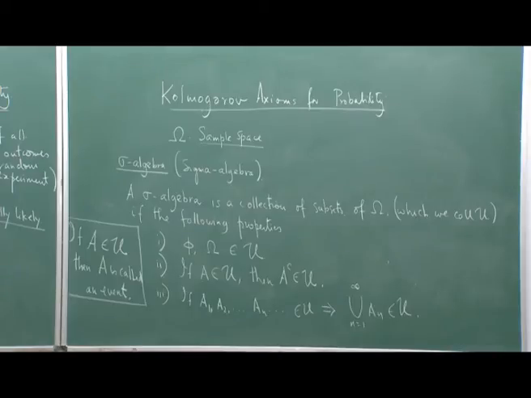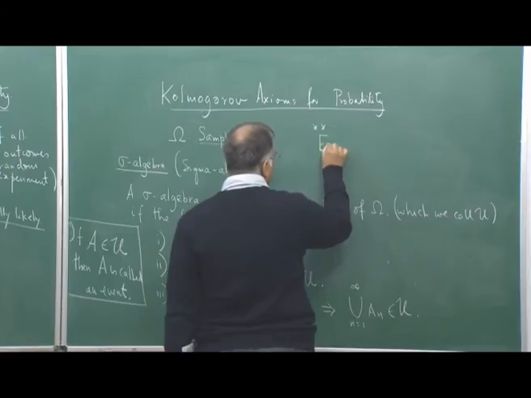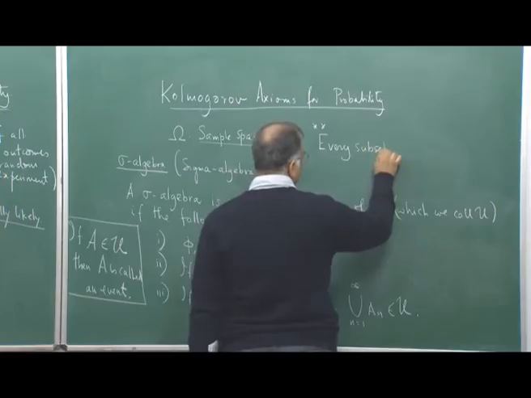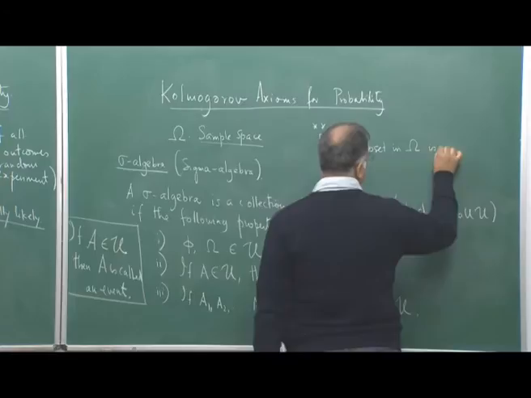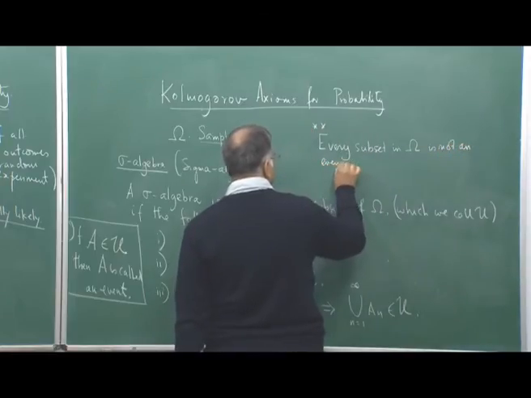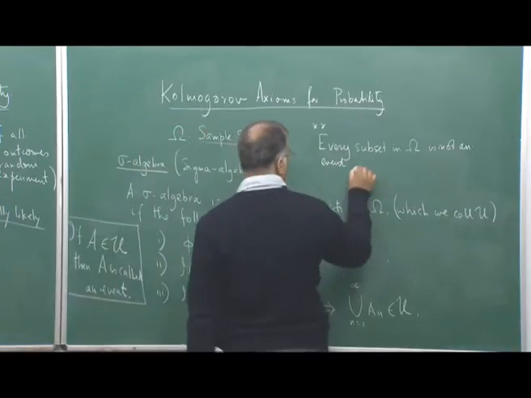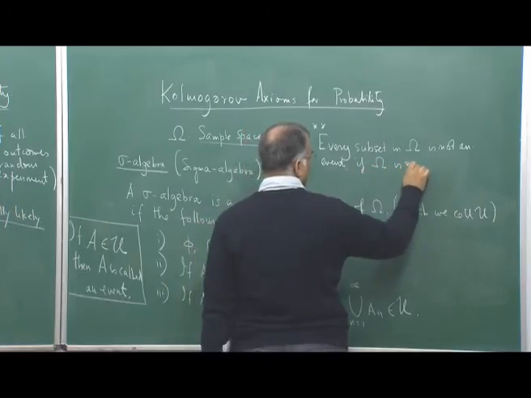So this is something you have to keep in mind as you work on, something very important: every subset in omega is not an event, if this is not finite.